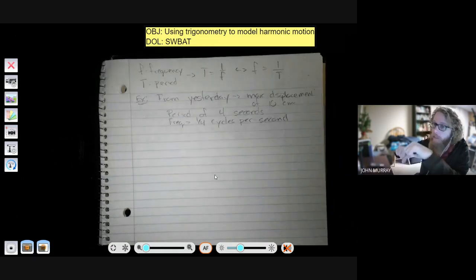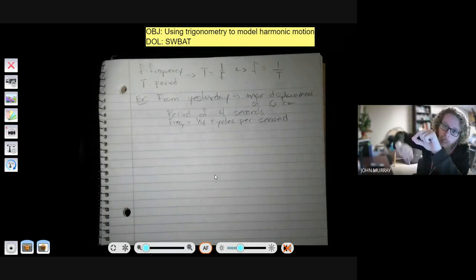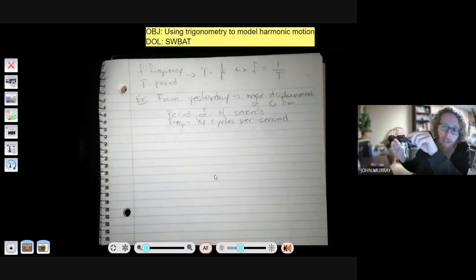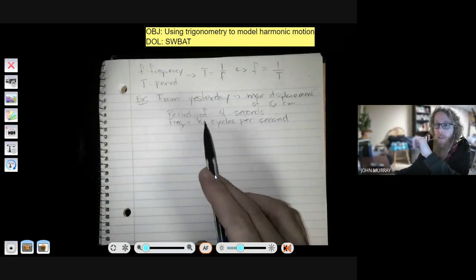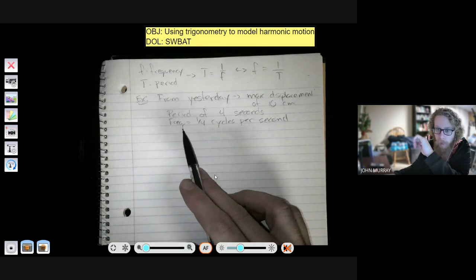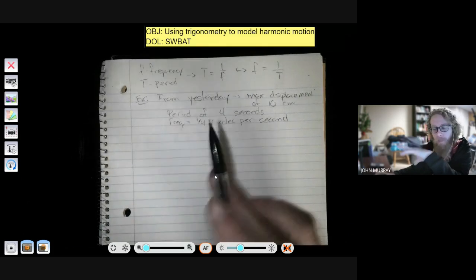Again, it takes 4 seconds for me to do 1 full up and down, which means in 1 second, I get through 1/4 of the cycle. That's what frequency means.